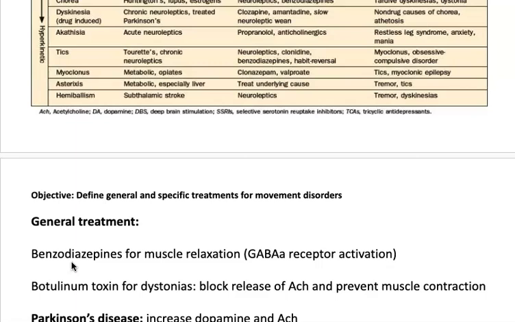If you're blocking that, you're going to prevent that excess muscle contraction. So for general movement disorders, benzodiazepines decrease overall function by activating GABA receptors. And then botulinum toxin is going to specifically block acetylcholine, and so you don't get the uncontrolled muscle contraction.